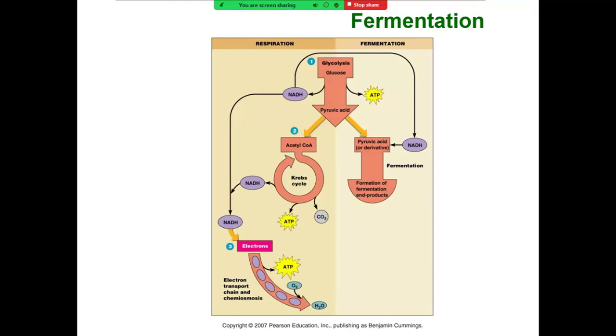Along the way, you do get ATP from the electron transport chain, and the electrons ultimately coming from glucose flow to a final electron acceptor, which in the case of aerobic respiration is oxygen. In the case of anaerobic respiration, it is a molecule other than oxygen.